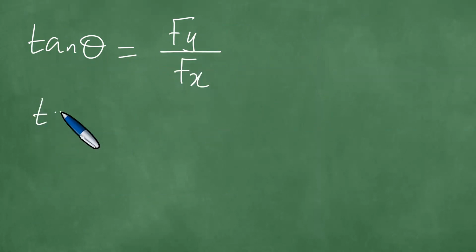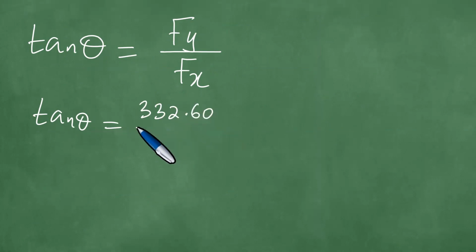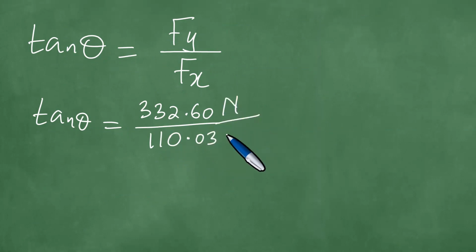And we're able to see, therefore, that the tangent of theta is Fy, which is 332.60 divided by Fx, which is 110.03. Okay, we can put the newtons here because the numerator is a force, and also the denominator is also a force.